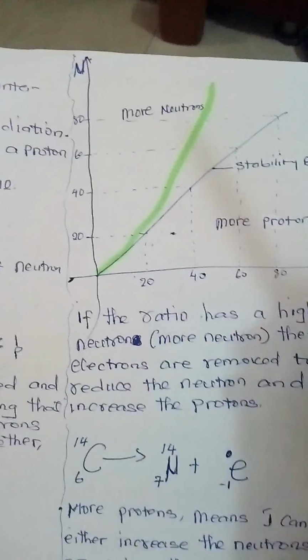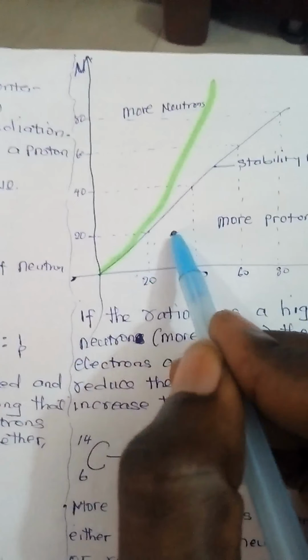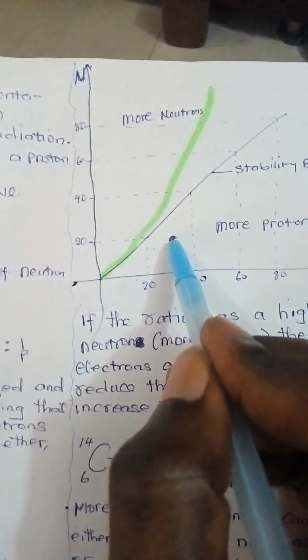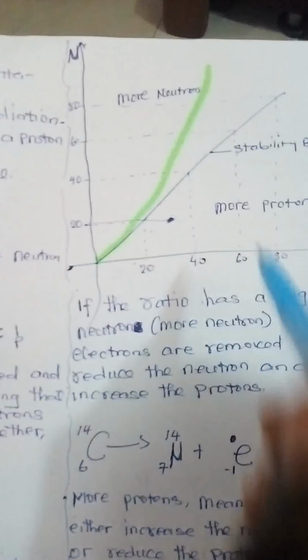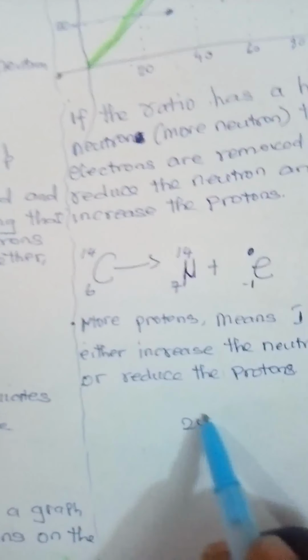Which means if I pick any sample here, you will see that that sample has number of neutrons 20. Now take it down to this point.